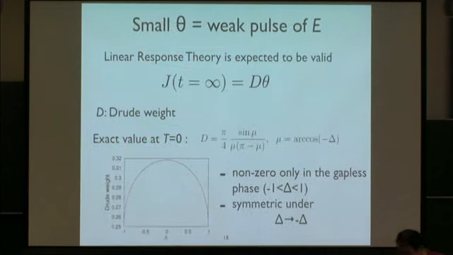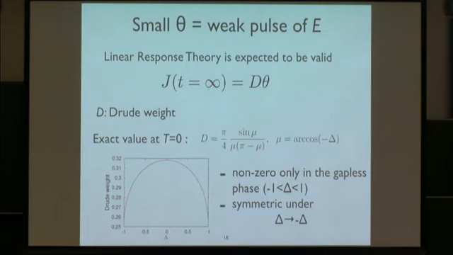And then the natural question is, what happens if this initial value of theta is very, very small? For an infinitesimal initial value of theta, which corresponds to a delta-function-like pulse of electric field with very small amplitude, you can expect that linear response theory should work.